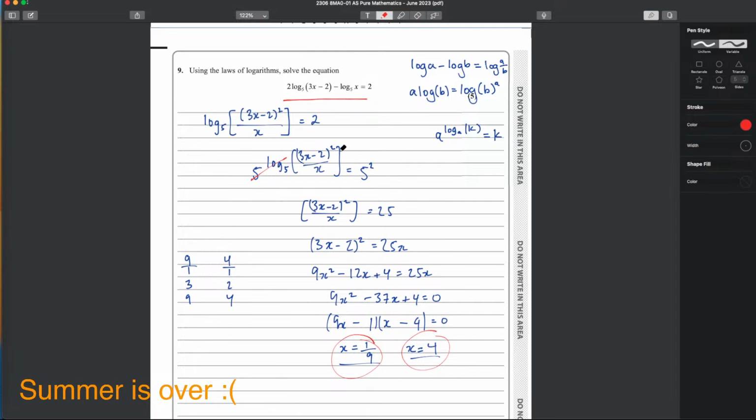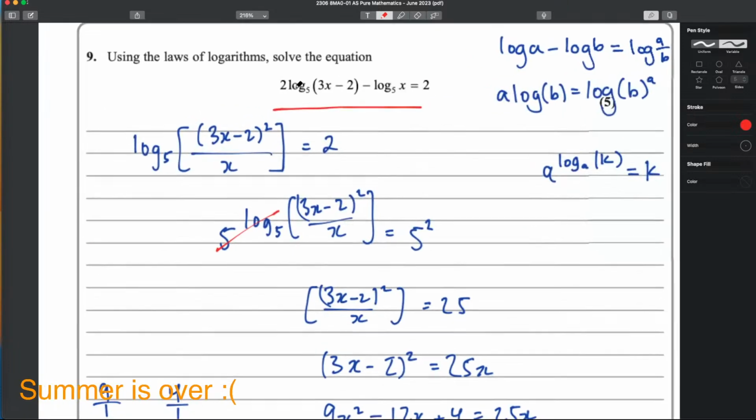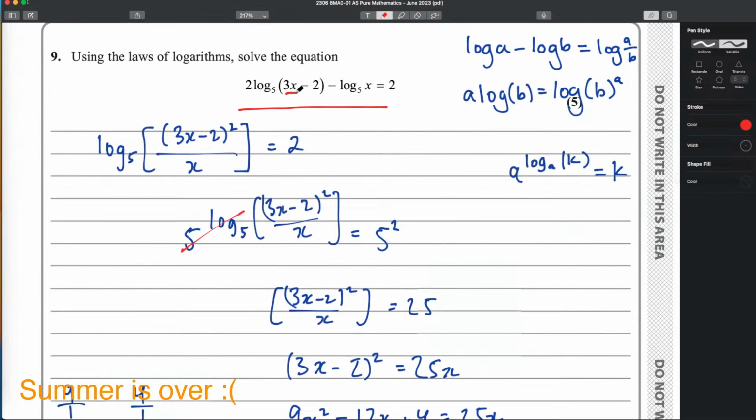So can you substitute these values of x in for x here? If we substitute 4 in for x, that's fine. We had x equal to positive 4 as a solution. That would give us log of 12, log of 10, and log of positive 4.